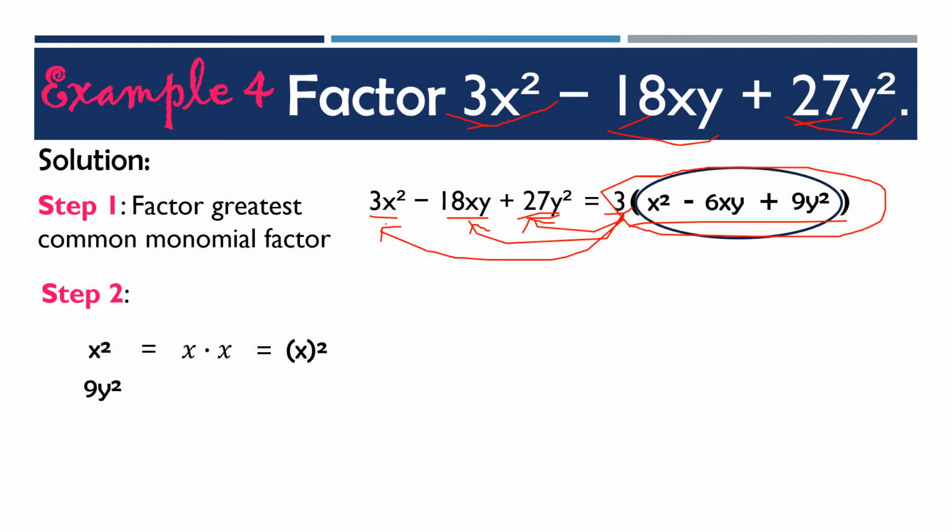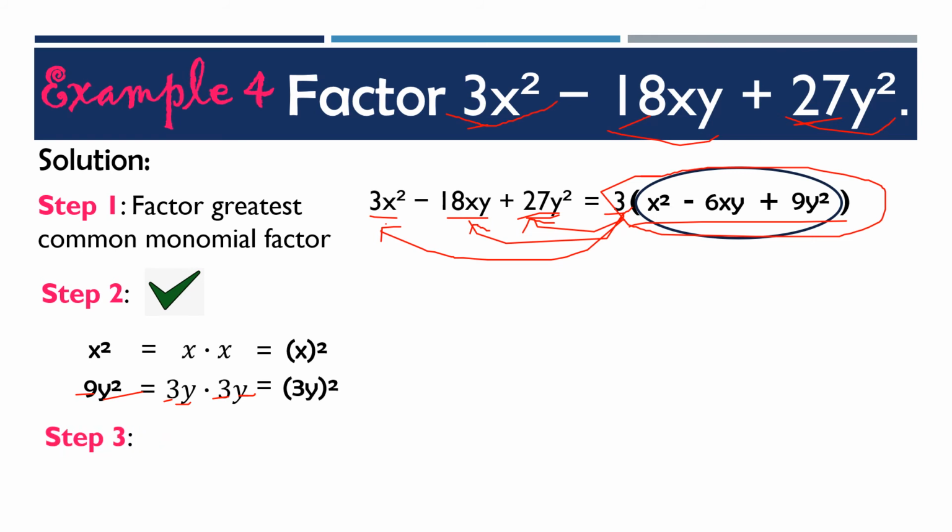Therefore, it is a perfect square. 9y squared can be factored out as 3y times 3y because 3 times 3 is 9 and y times y is y squared, which can be written as the quantity of 3y raised to 2. Then we can say that they are both perfect squares.